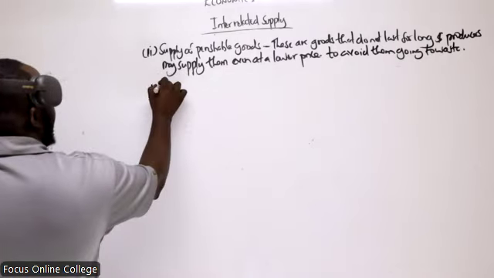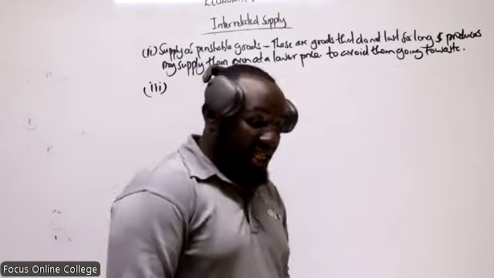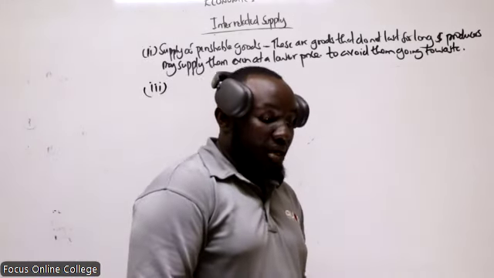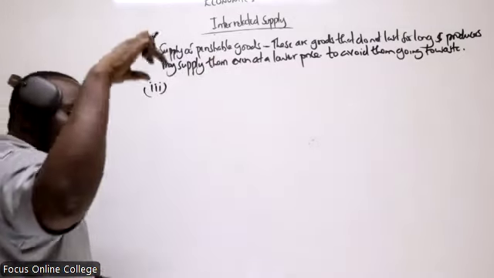Then we have the third exception, where there is a future expectation of a fall in price. When you talk about the future, the price is likely to dip lower.